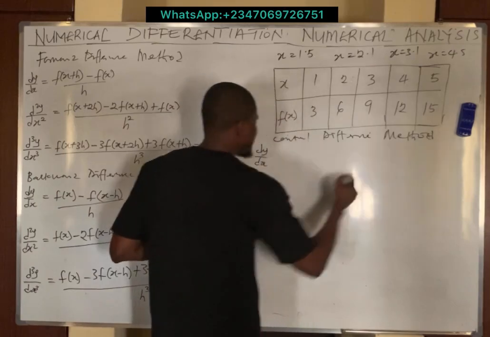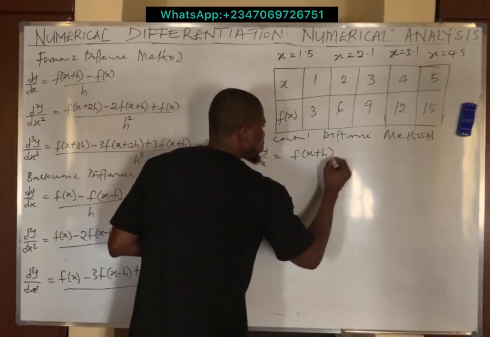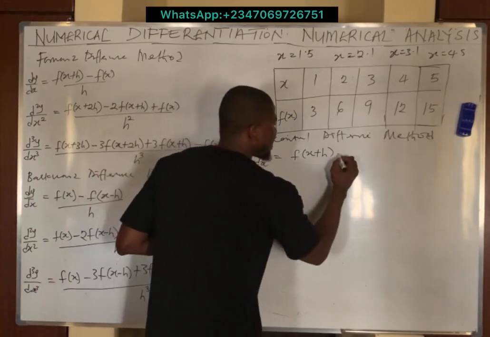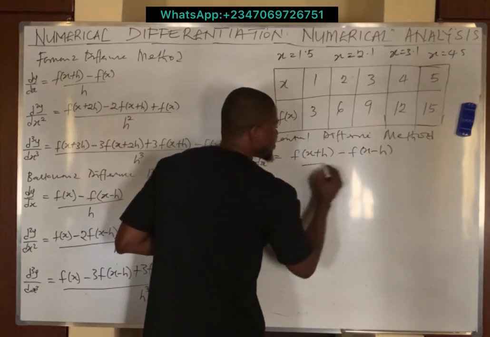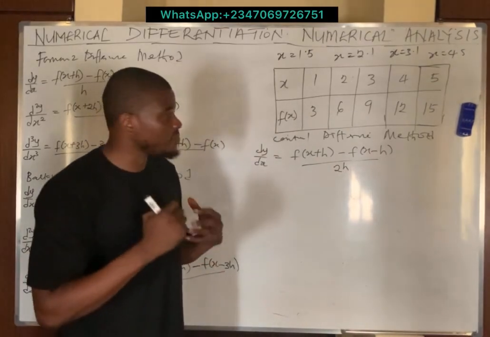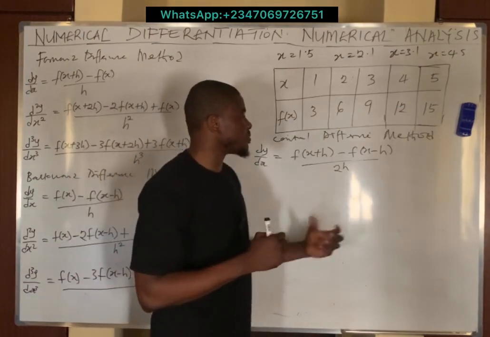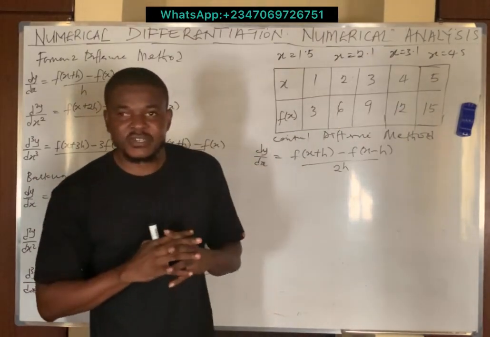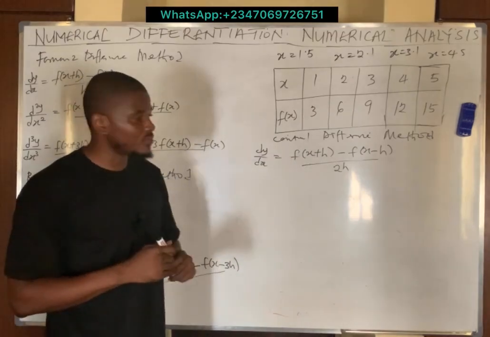So the first derivative becomes, you have f of x plus h, which is at the forward of the table, minus f of x minus h, now at the back of the table, divided by 2h. So you see how this formula is. It picks a function from the forward of the table and picks from the back of the table to form what? The central difference method. So this is the first derivative approximation, and this is the formula you use, right?